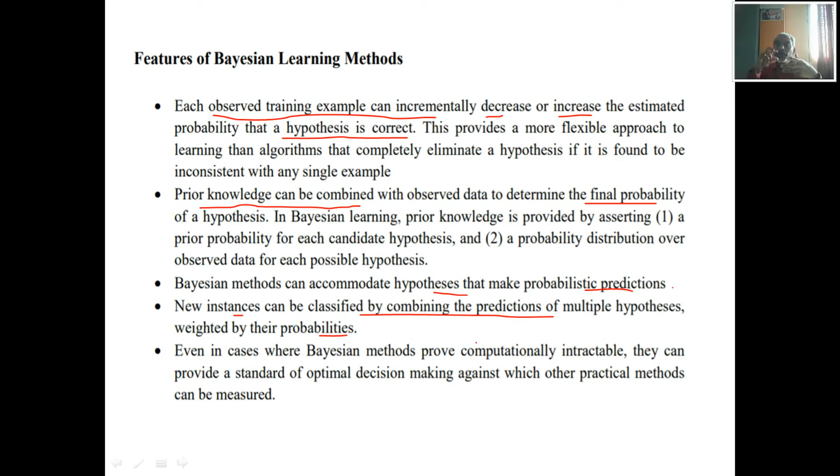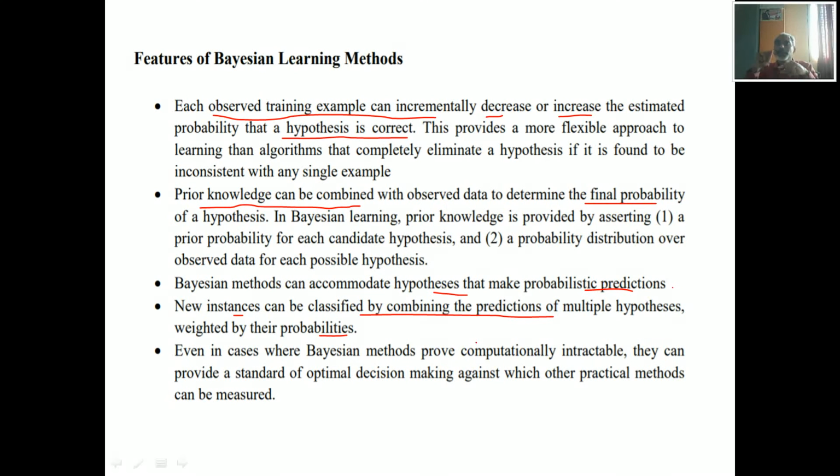The probability of this ball going into class A is, say, 80%, based on certain features, because based on certain features only you are going to classify that ball into the three categories A, B or C. So we classify the new instance by combining the predictions of multiple hypotheses. These hypotheses are given weights by their probability, and based on that you can try to classify.